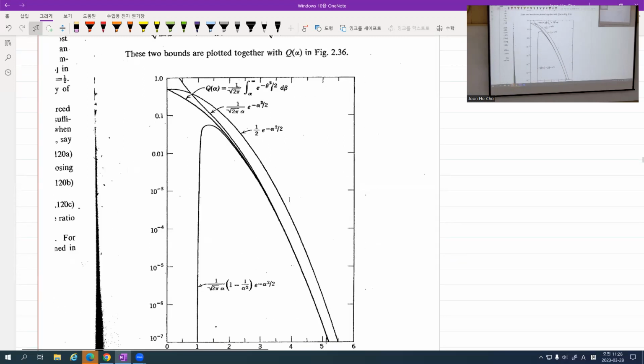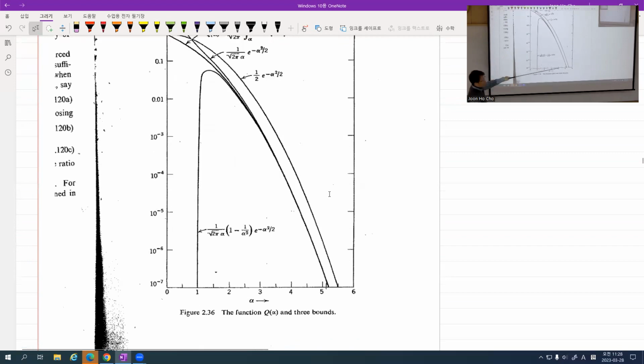For example, here, as you see, this is in the logarithmic scale, and here, be careful, the horizontal axis is in a linear scale. So whenever you see Q of something, be careful. Got it? You have to check whether it is linear, or linear log, or log linear, something like that. Got it?